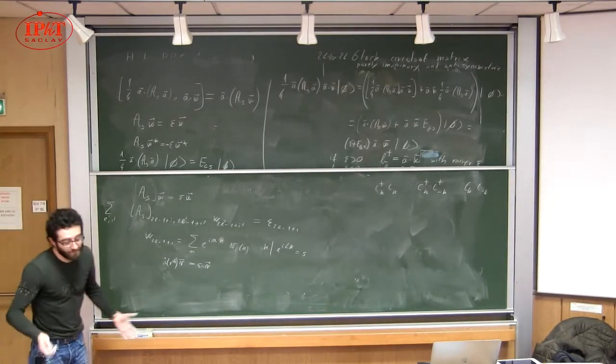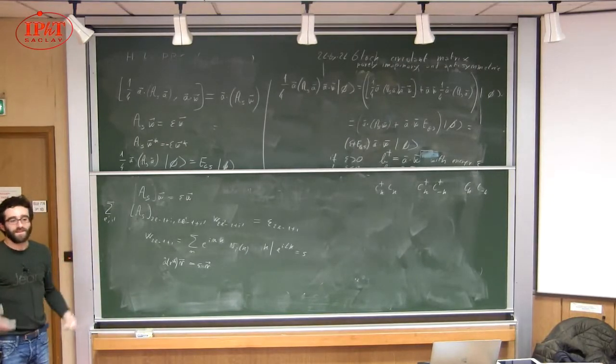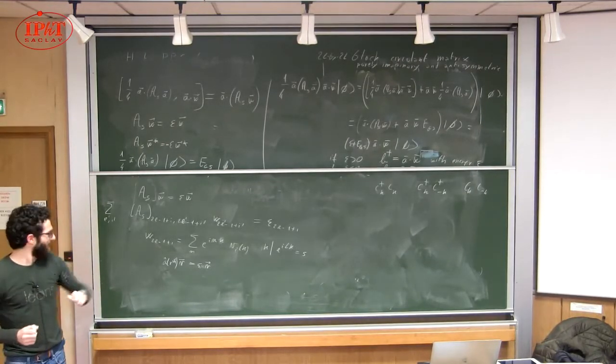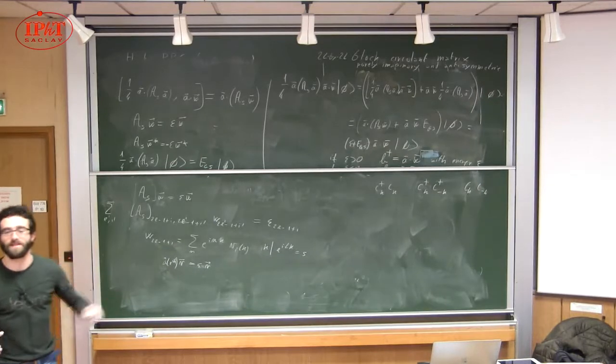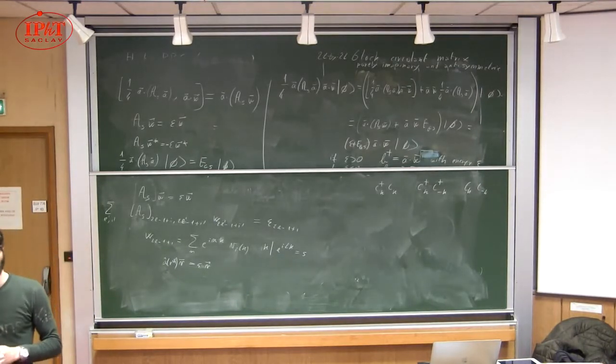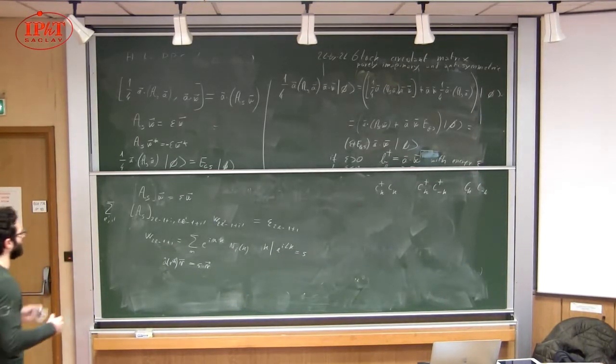Why am I doing this? One of the reasons is that, first of all, in this way it's very simple to find the operators that commute with the Hamiltonian. So let's start with this.